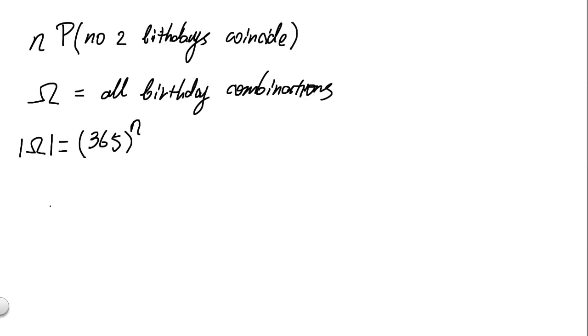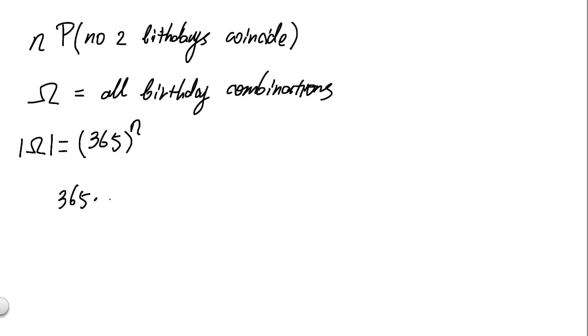Now, out of the sample space, we'll look at all combinations where no two people have exactly the same birthday. To count that, we can start from the first person, person number 1. Well, this person has 365 choices because so far there have not been any other birthdays to conflict with.